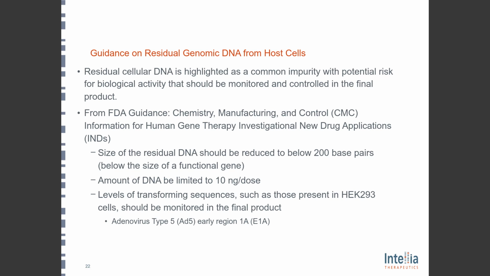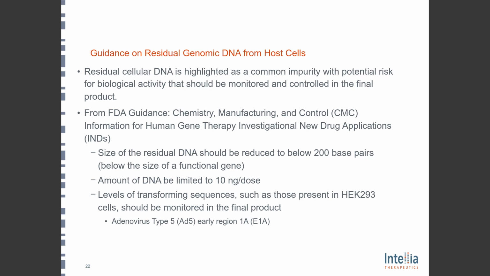But also, when you're talking about residual genomic DNA, you should pay close attention to the transforming sequences that you might find in your HEK293 or other host cells. For example, in the HEK293 cells, the adenovirus type 5 early region 1A was used as a transforming sequence and is considered a sequence that could potentially be oncogenic in your product.